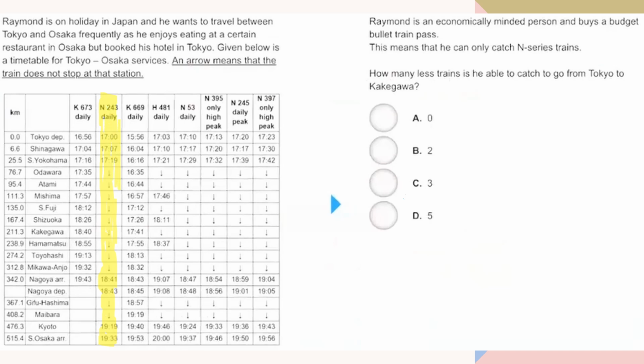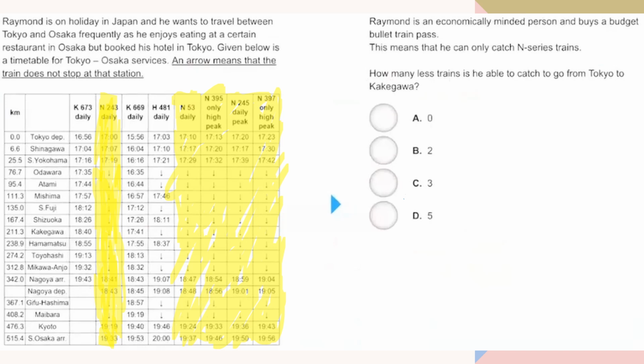In the real test you don't, but in this I'm just doing that. So we highlighted the ones that are the N-series trains.